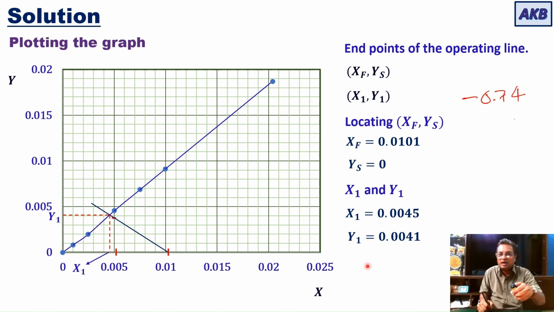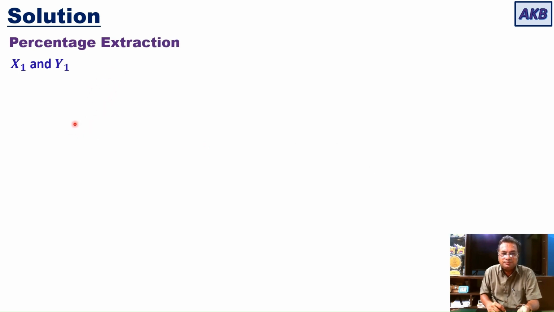So I hope you have learned how to plot the operating line of desired slope. Now let us find out percentage extraction. So we just got values of x1 and y1. x1 is 0.0045 and capital Y1 is 0.0041.